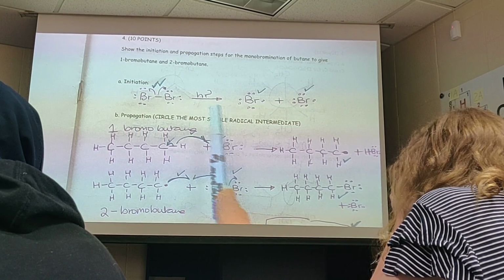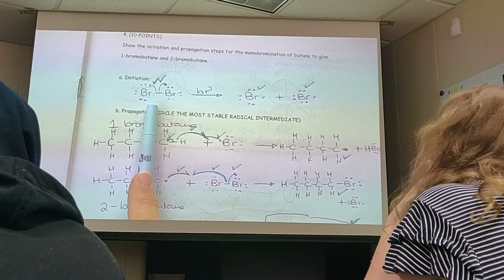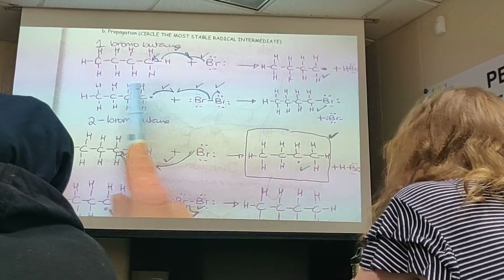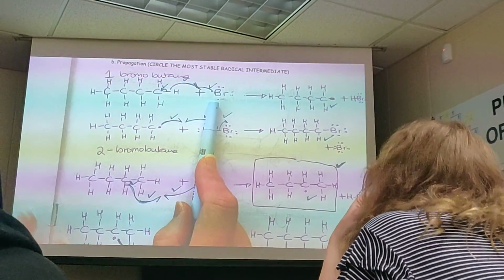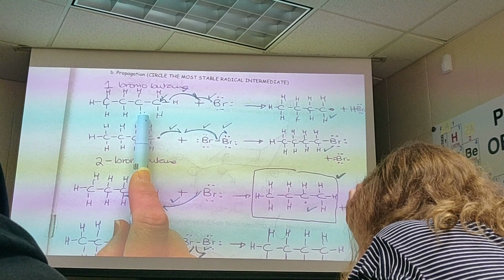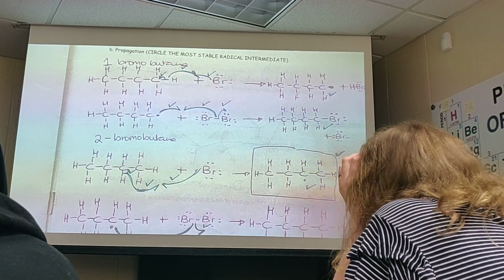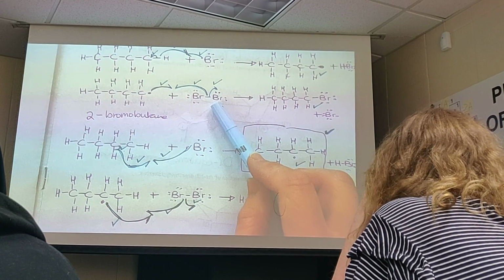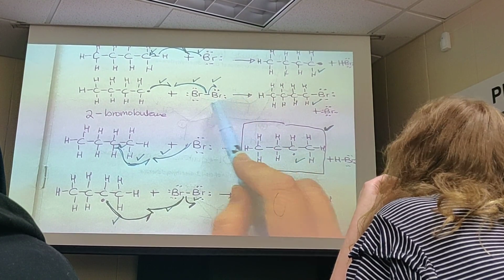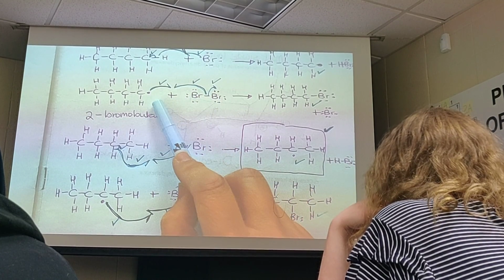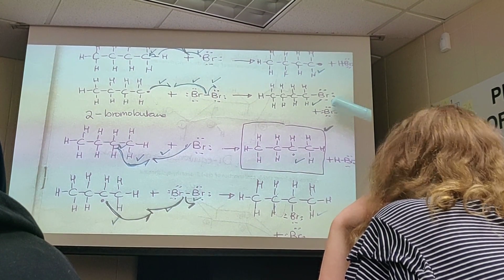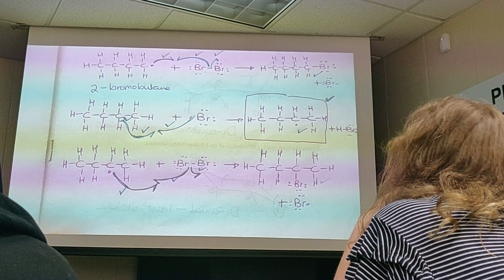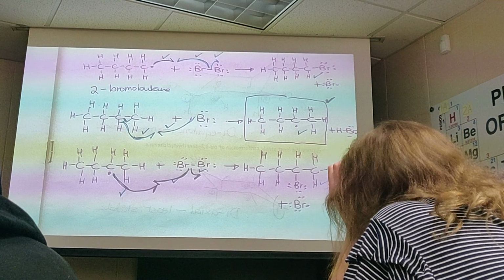So, with light, the bond between the bromines breaks, and you get your bromide radicals. The bromide radical reacts with your butane, and you can get a primary radical. That primary radical can then react with bromine to give your 1-bromobutane and a bromide radical to continue the reaction.